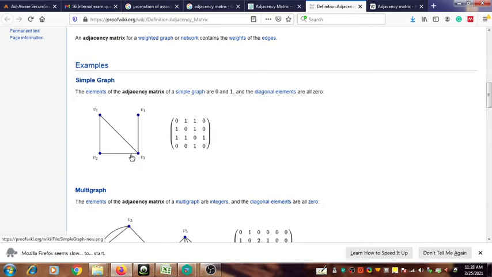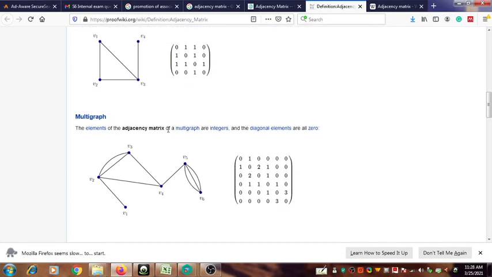Here the number of edges connecting v1 to v3 is only 1, so you write 1 there. Then the next entry, from v1 to v4: in the graph there is no edge connecting the two vertices, so you fill 0 there. In the same way, the elements in each row can be determined and entered.